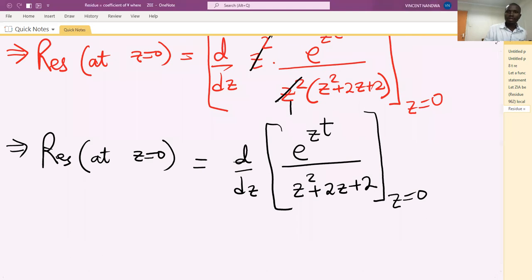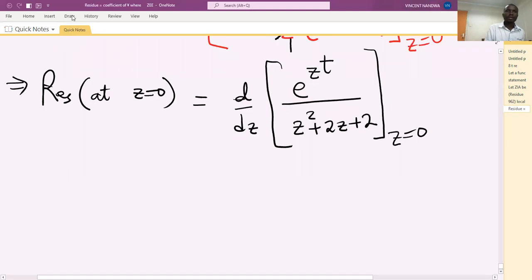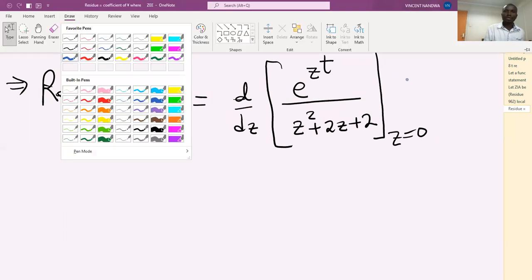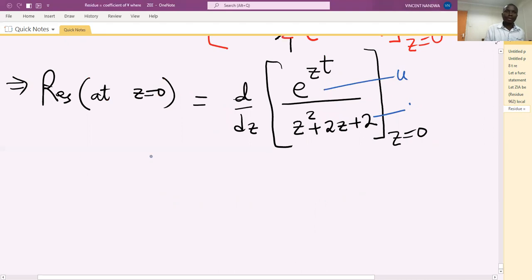Now these are quotient of two functions. So we use quotient rule to find the derivative. So let this one be u, this one be v. So we need u prime v minus v prime u over v squared.